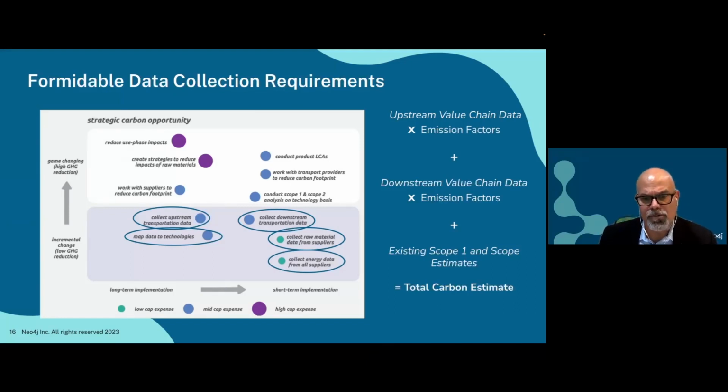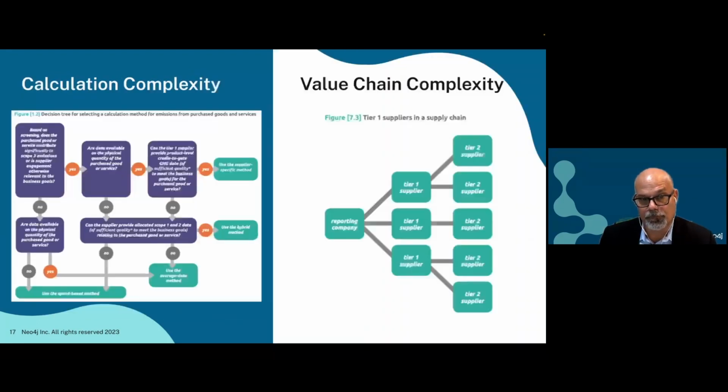It requires upstream and downstream transportation data, the mode of transportation, and the raw materials and energy consumption from all of your suppliers. Then you add it to your existing Scope 1 and Scope 2 estimates for the total carbon estimate for your organization.